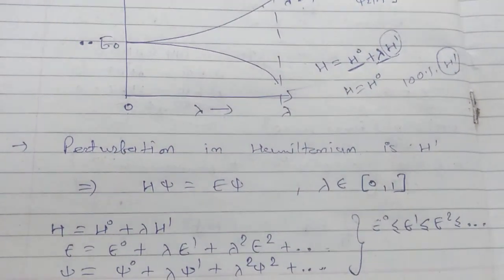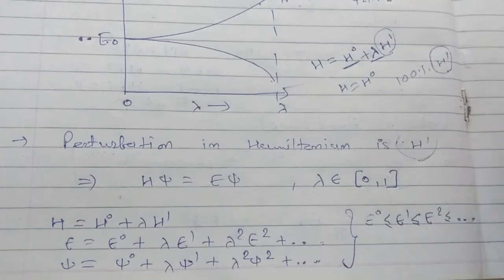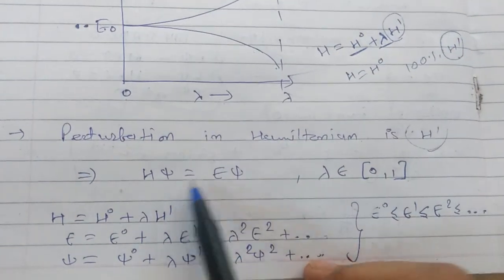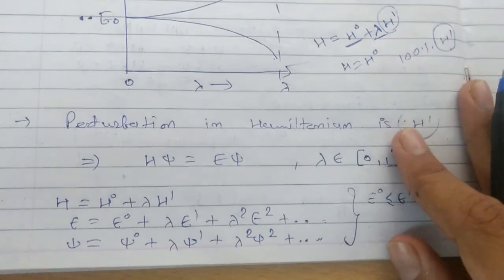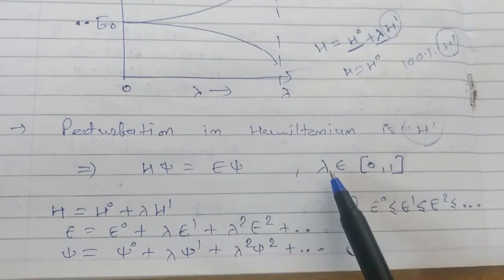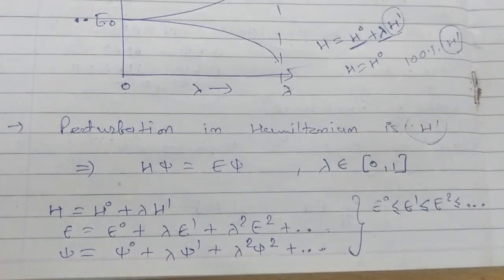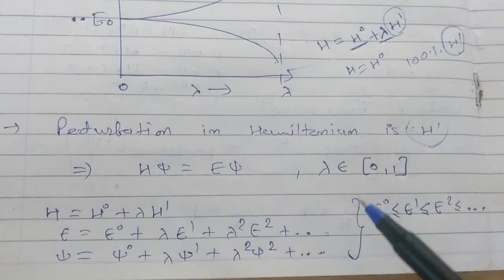Here if we introduce the perturbation as H dash, we'll get H psi equal to E psi, where H is the perturbed Hamiltonian, which can be written as H naught plus lambda H1. Lambda is ranging from 0 to 1. E can be written as E naught plus lambda E1 plus lambda square E2.